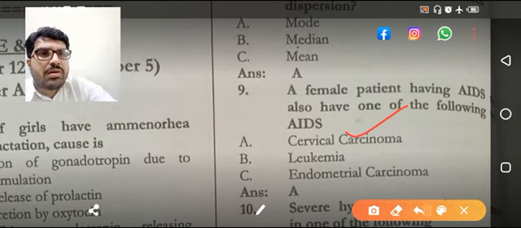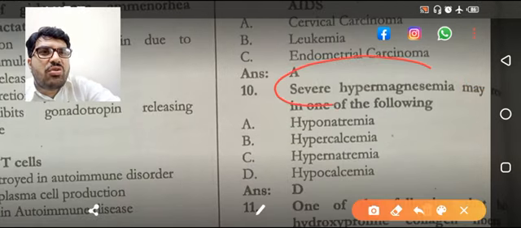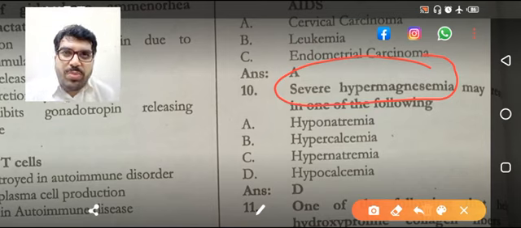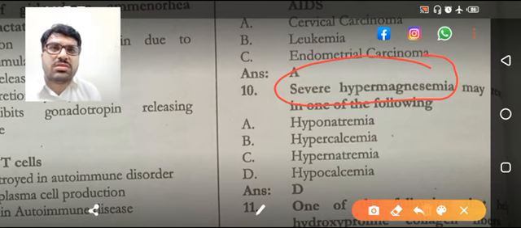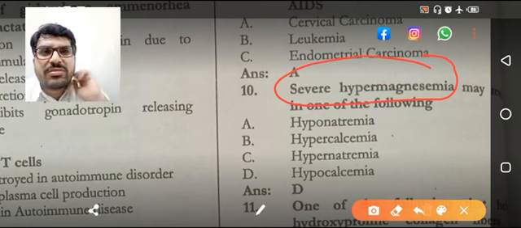Coming next, severe hypermagnesemia. Now we are making a mistake. We have preoccupied our mind with severe hypomagnesemia, and they are actually playing a little bit of a trick. Now if you see hypermagnesemia, the hypermagnesemia causes what? Hypocalcemia.